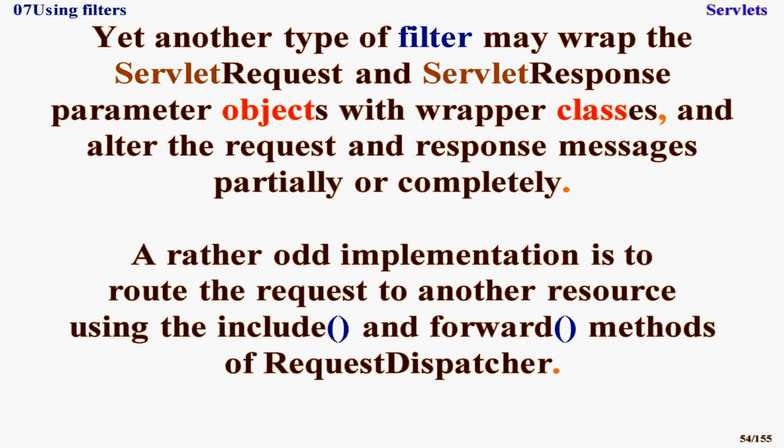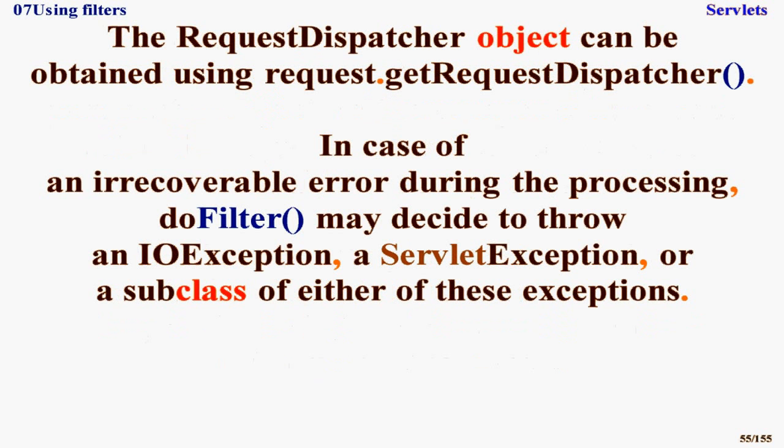A rather odd implementation is to route the request to another resource using the include and forward methods of RequestDispatcher. The RequestDispatcher object can be obtained using request.getRequestDispatcher. In case of an irrecoverable error during the processing, doFilter may decide to throw an exception, a ServletException, or a subclass of either of these exceptions.